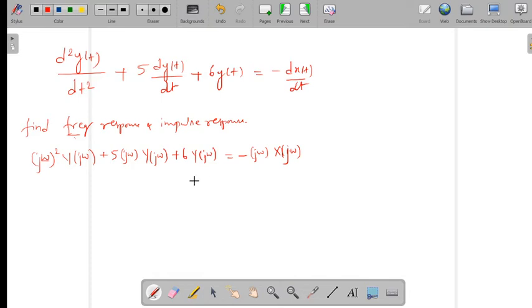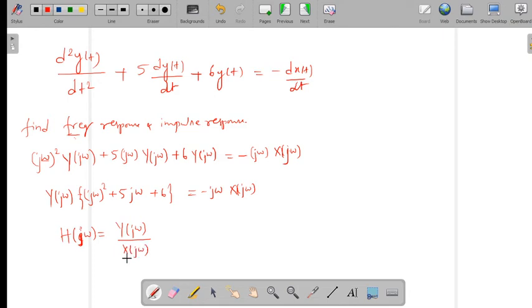Now take Y of j omega common: Y of j omega into (j omega square plus 5 j omega plus 6) is given by minus j omega into X of j omega. So now we can find H of j omega, which is equal to Y of j omega by X of j omega.